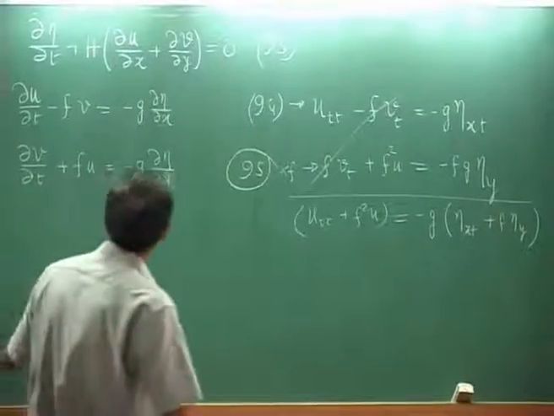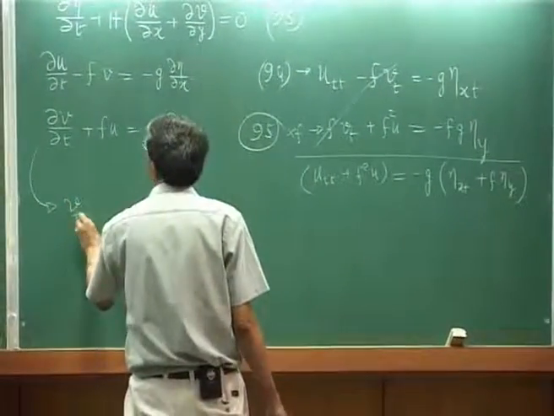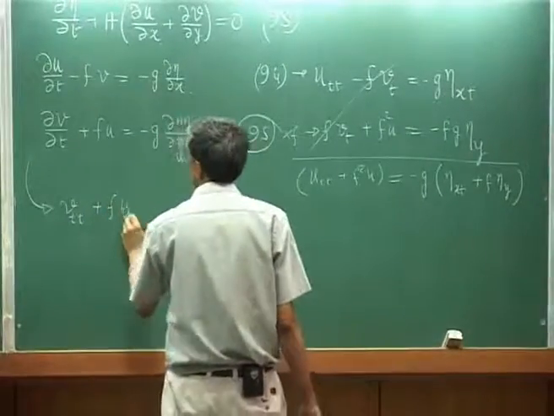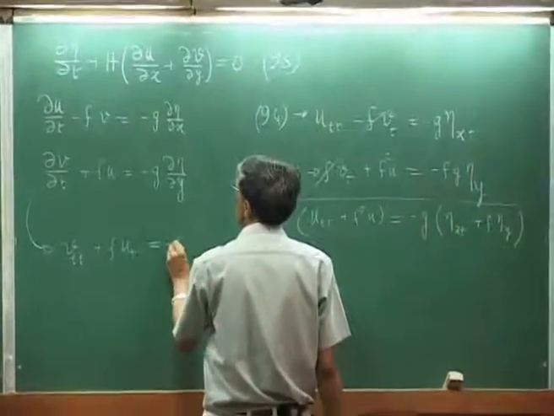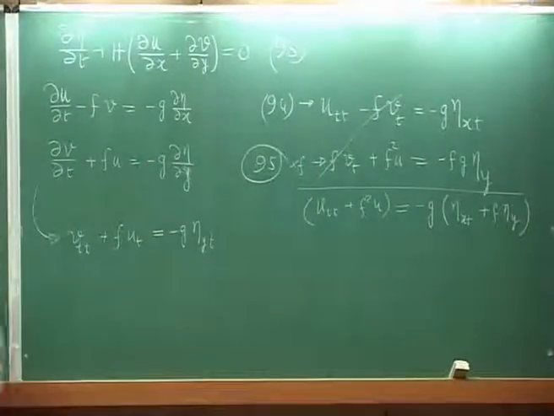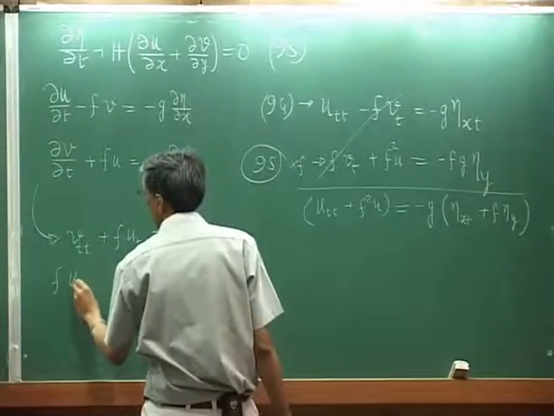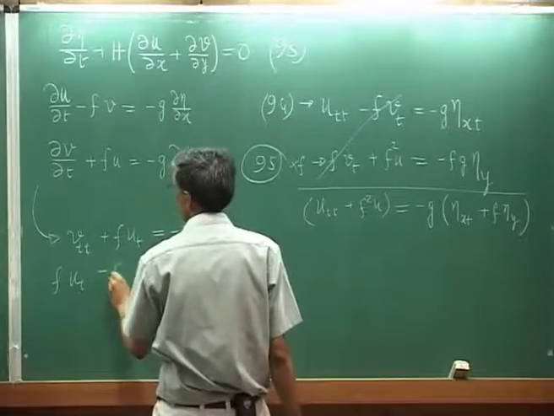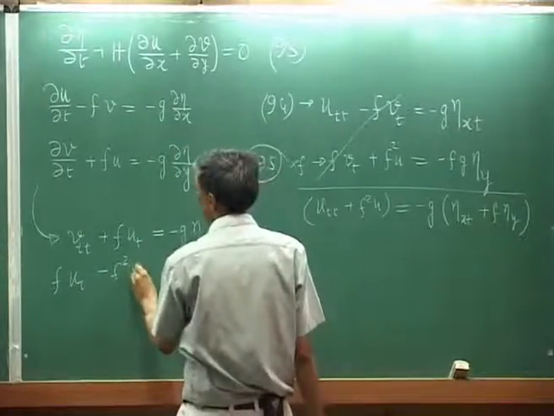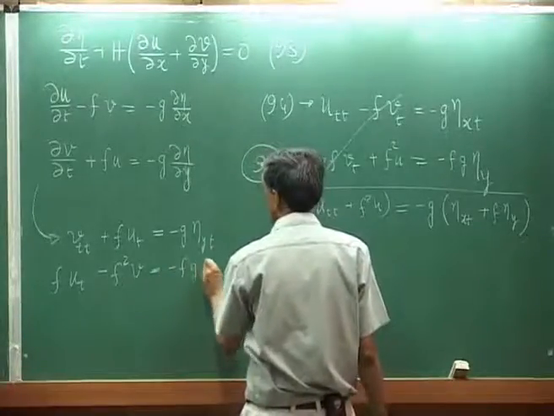Now, the next step, you differentiate this with respect to time, that will give you v t t plus f u t equal to minus g eta y t. Okay. Now, what we are going to do is we are going to subtract f times this equation. So, that will be f u t minus f square v is equal to minus f g into eta x.